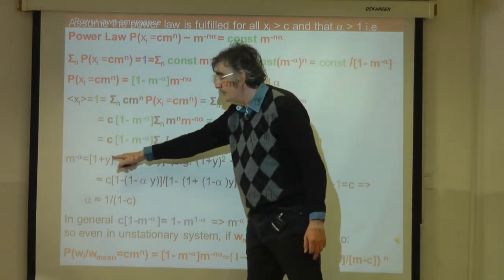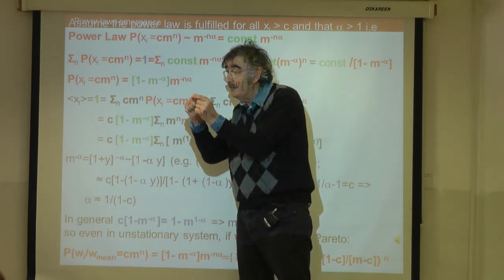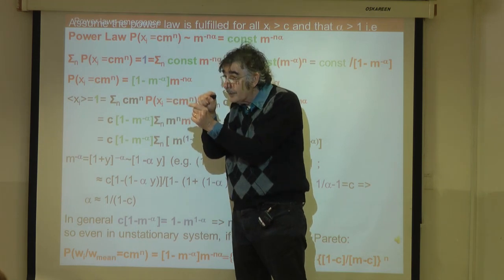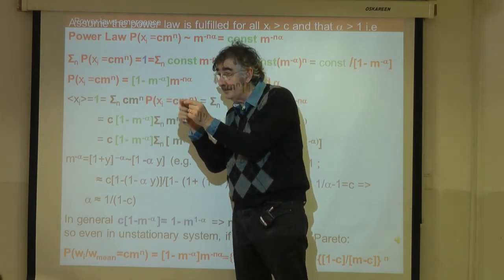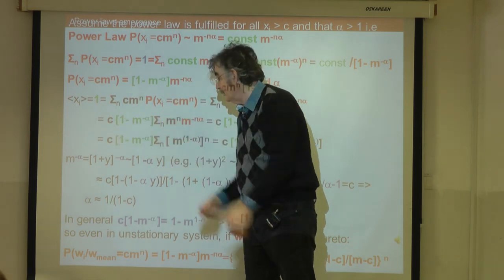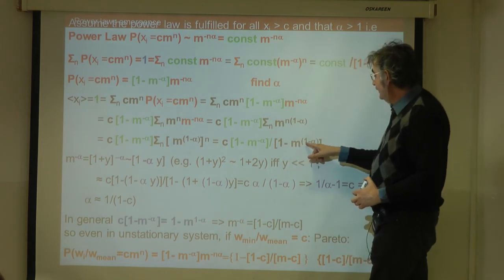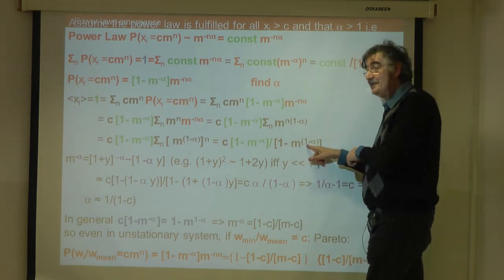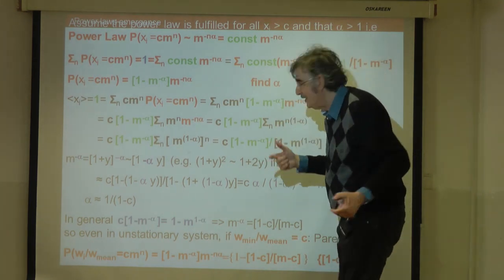Yes? Where y is this quantity which characterizes m, by how much I multiply or subtract when I make my little steps of multiplicative random walk. And now I have m to the 1 minus alpha. Now I call 1 minus alpha n. Okay? I'm allowed.